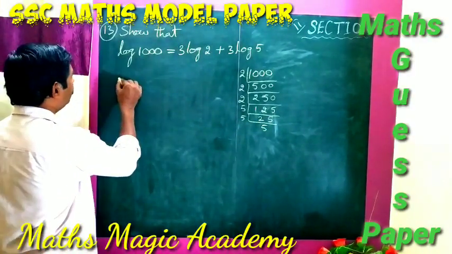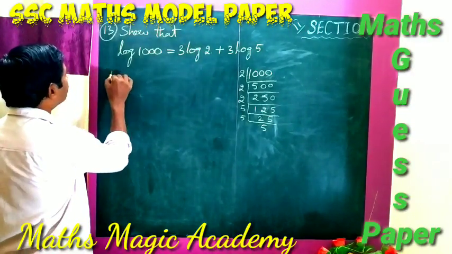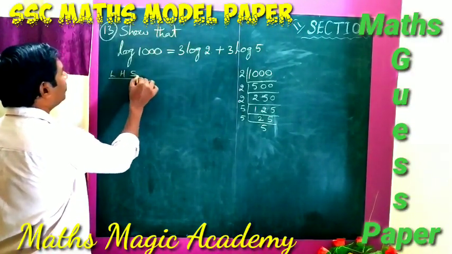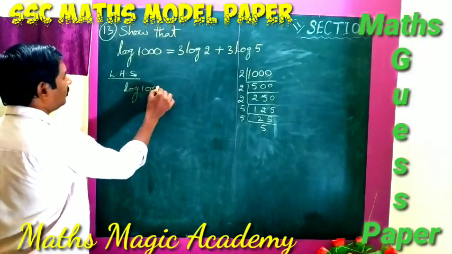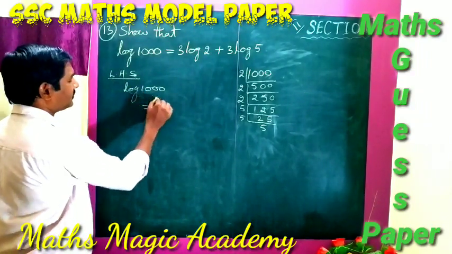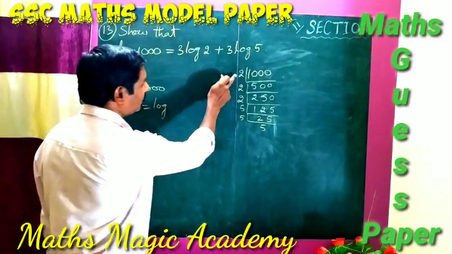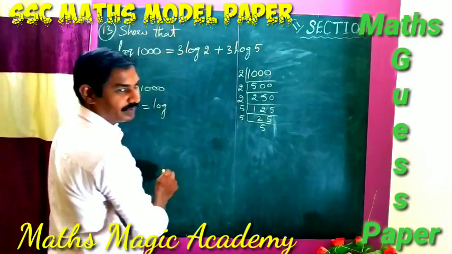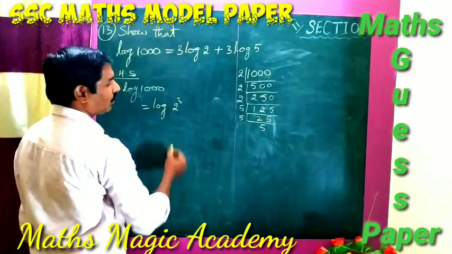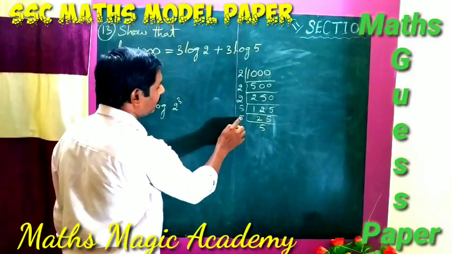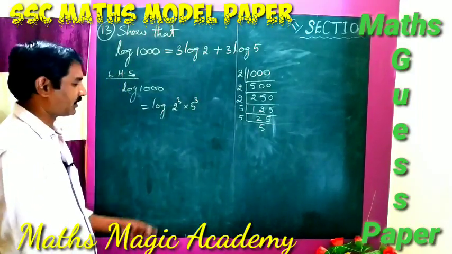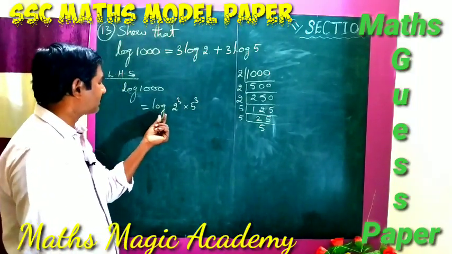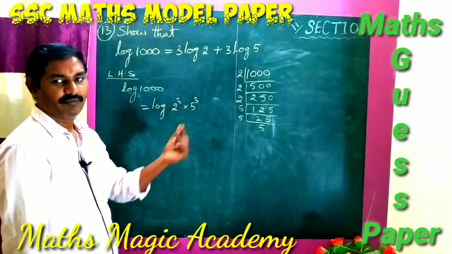So in this we get the LHS, log 1000, can be written as log 2 into 2 into 2, that is 2 cube, and 5 into 5 into 5, 5 cube. So it can be written as log 2 cube into 5 cube.